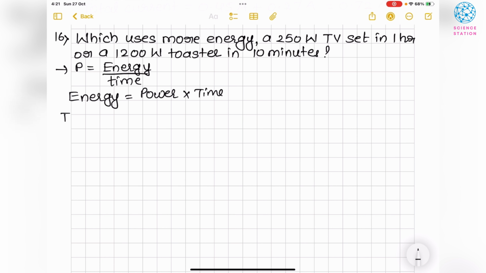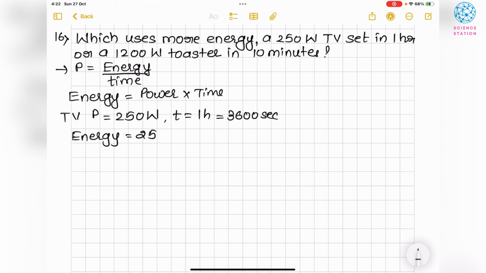So TV power will be 250 watt, T equal to 1 hour, so that is 3600 seconds. So energy will be 250 into 3600, so that will be 9 into 10 raised to 5.